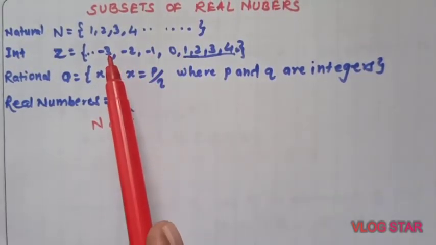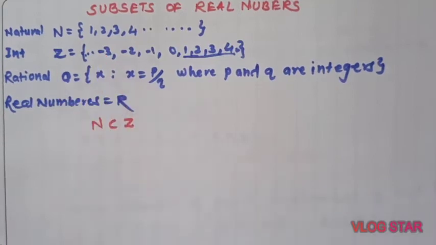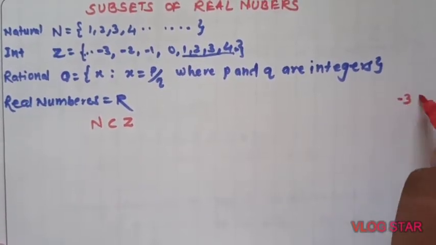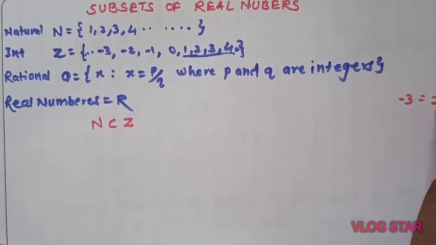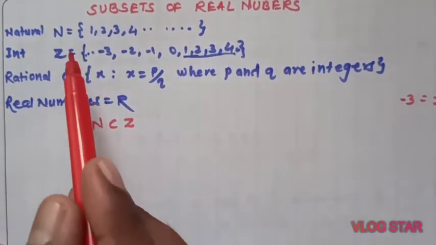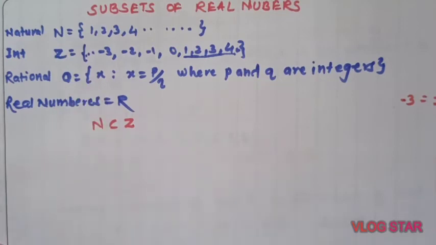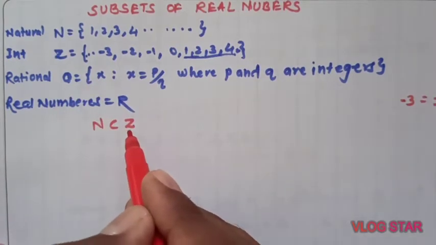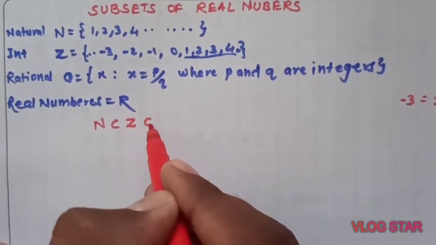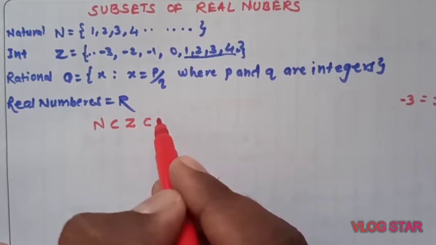Now next point. Integer. How can we write minus 3? Minus 3 can be written as minus 3 by 1. So every integer is a rational number. So integers are a subset of rational numbers.